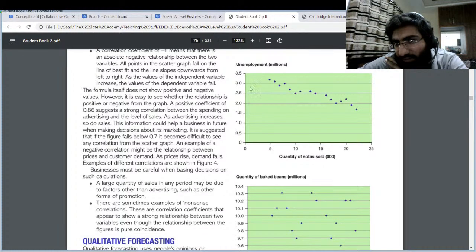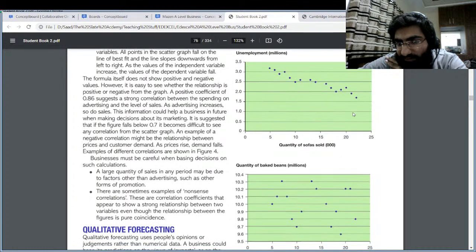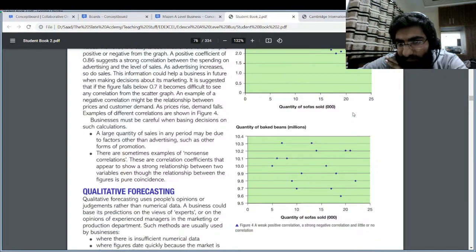Because when unemployment is decreasing, incomes of people are increasing. Income increasing, sales increasing. So this is a normal good. All right. This one over here, in this particular data, you can't see any trend.